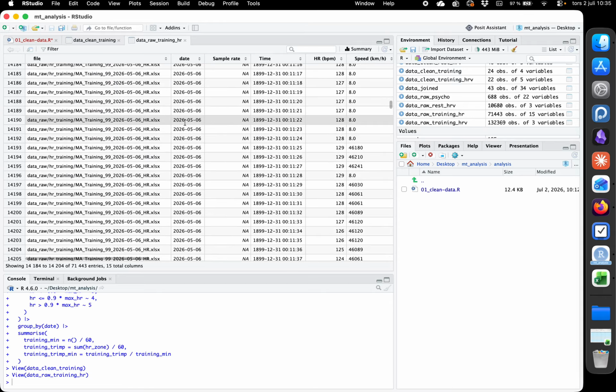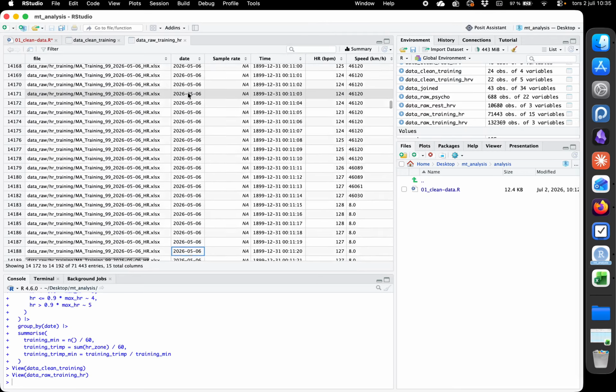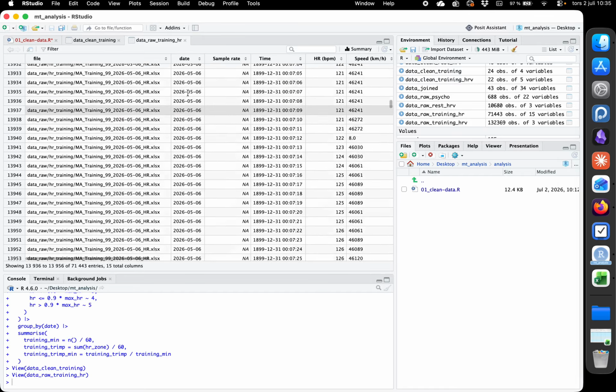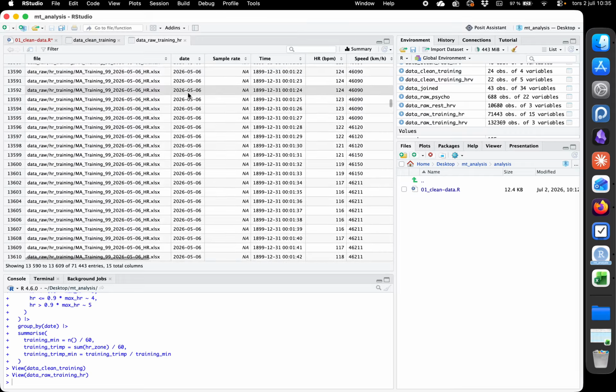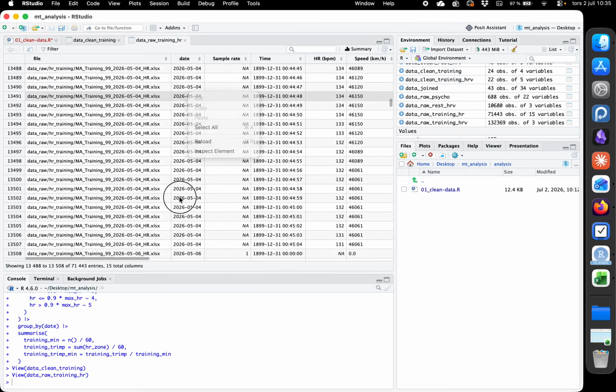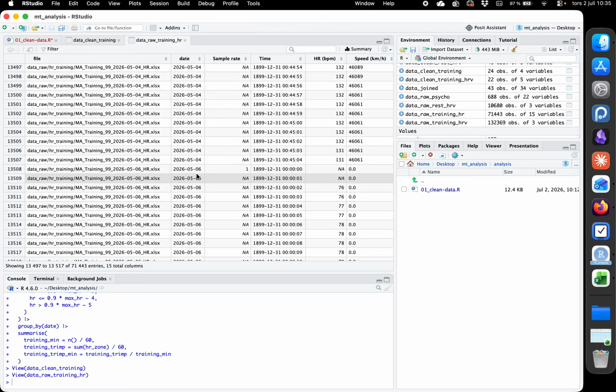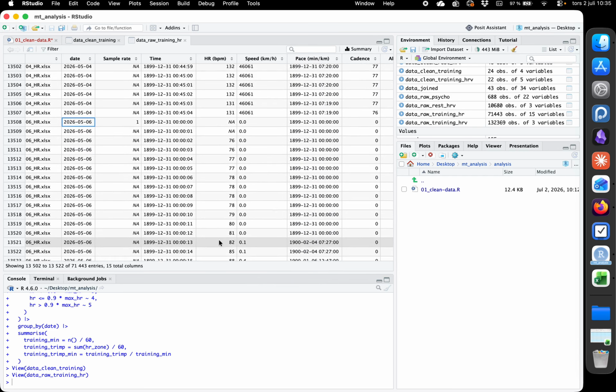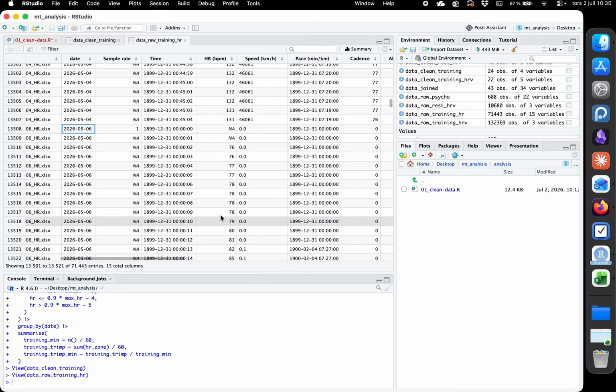Here, these are all the individual seconds of the 6th of May training. Let's scroll up to the start of this. So what happened is, we have the heart rate for most of the seconds, but then we have, in this case, the first 2 seconds with missing heart rate data.